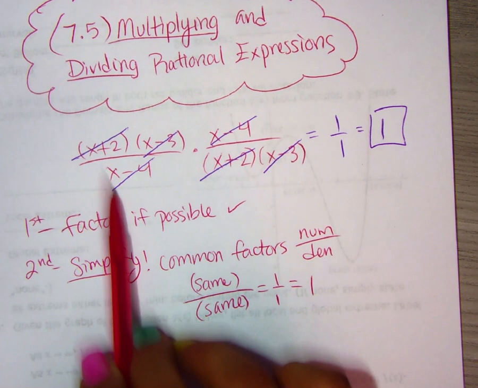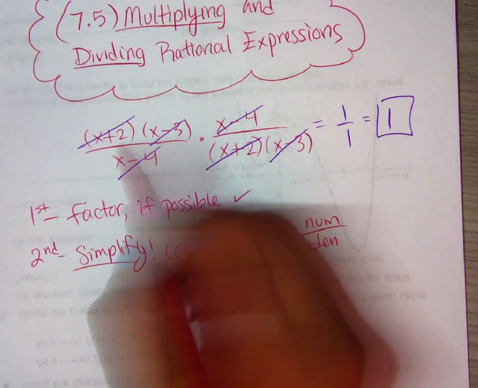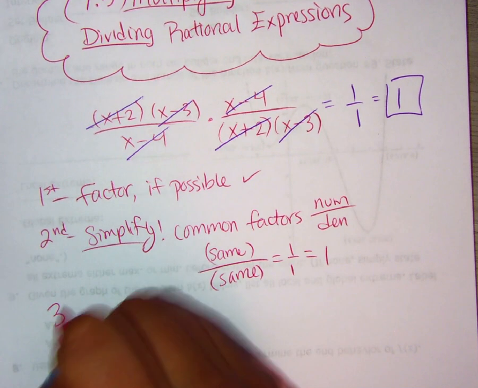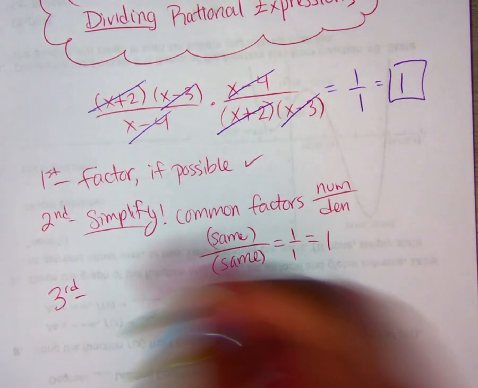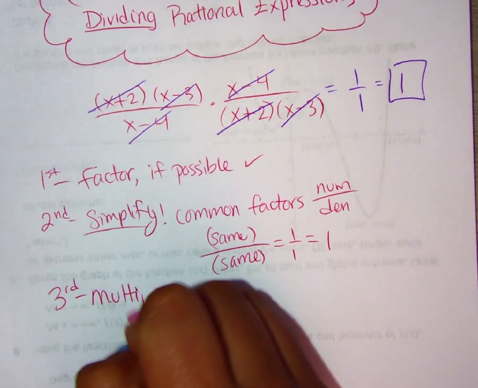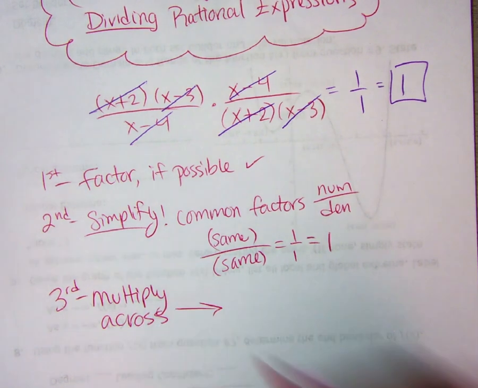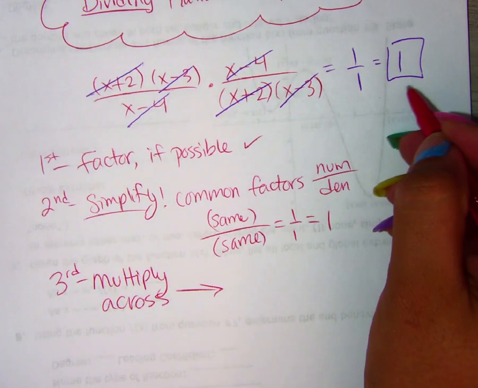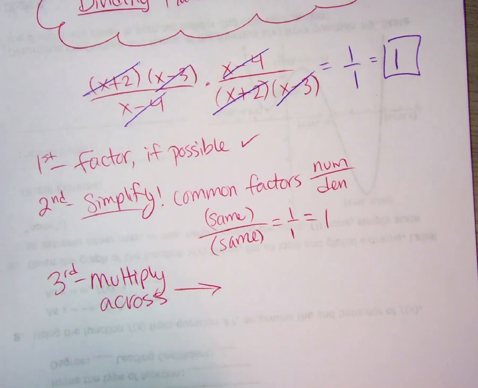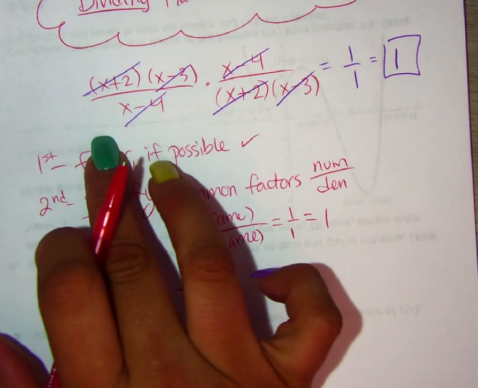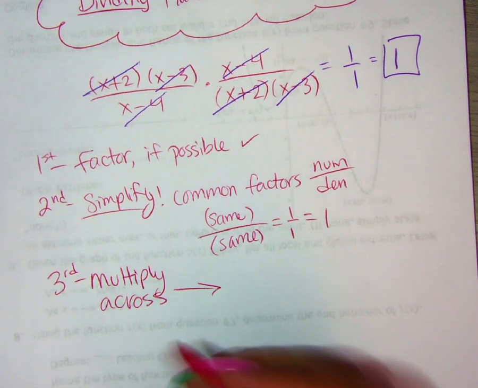And again, by doing this, we are trying to multiply. So that will be your third step. After you simplify, you want to multiply across. As we notice, when the factors are eliminated, when there's nothing on the numerator or denominator, we get a 1, not a 0.